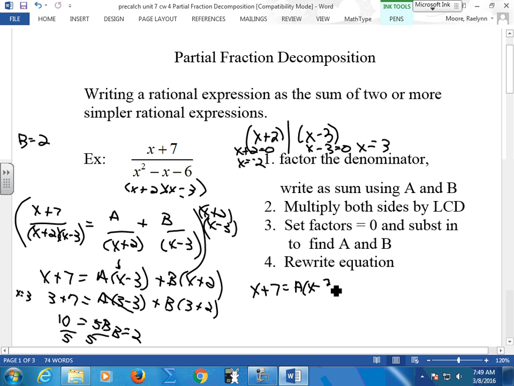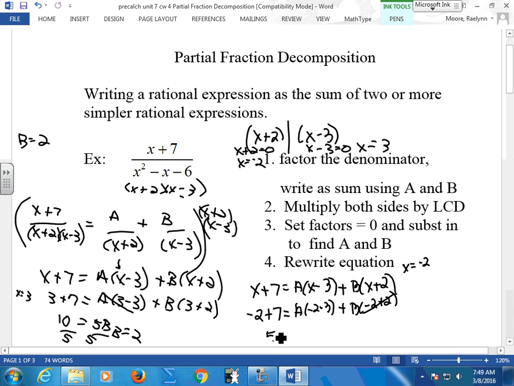This is a lot of rewriting. And now we want to solve for A. So we've got to take out the B factor. So we're going to plug in a negative 2 for x, which will eliminate B. So negative 2, every time you see x, this takes out this guy.